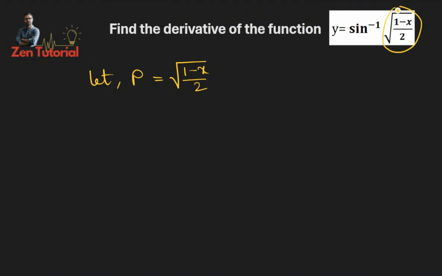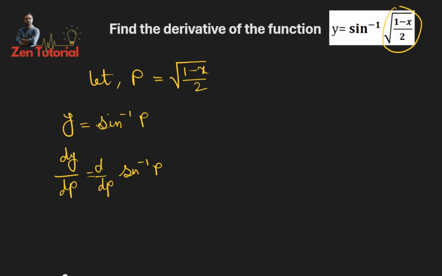The function looks like y equals sine inverse p. Now if we differentiate dy, because here the variable is p, it will be d over dp of sine inverse p, and we have to differentiate, so let's say here d and the variable is dp.